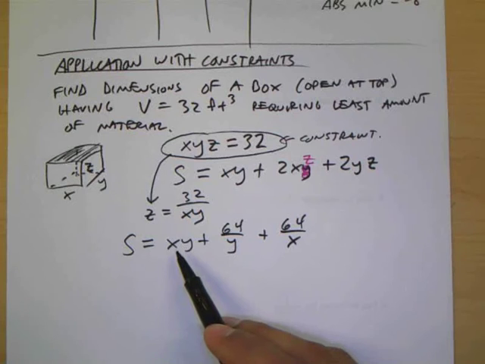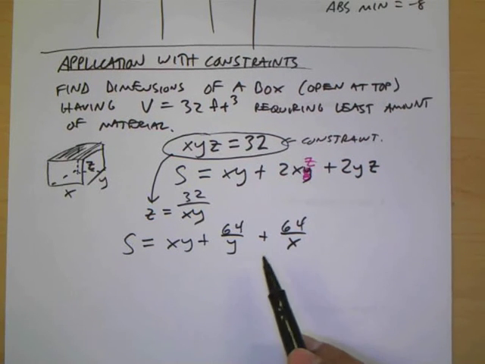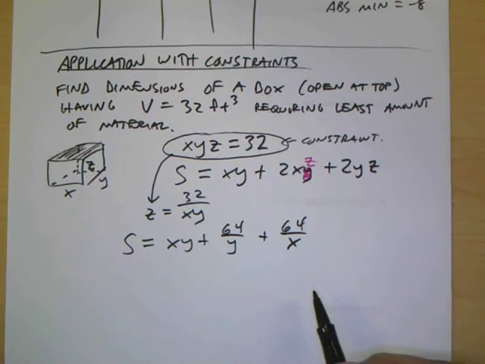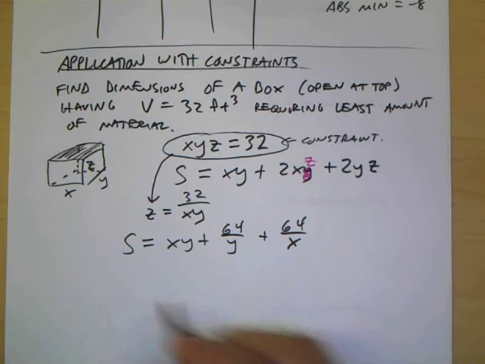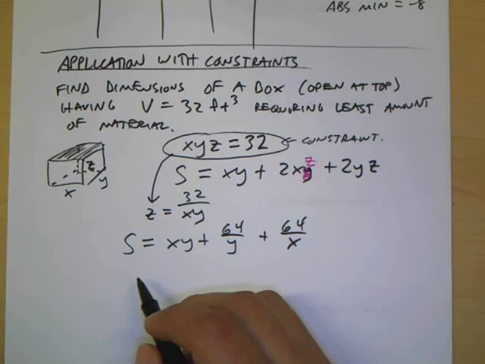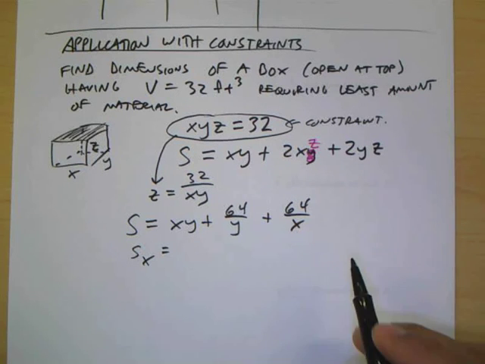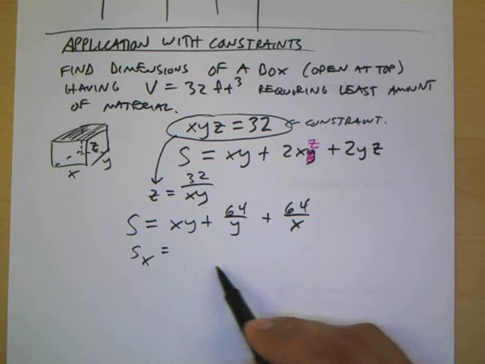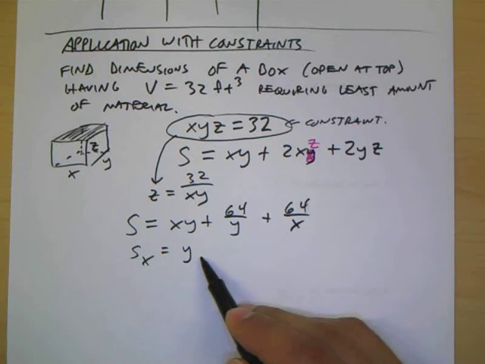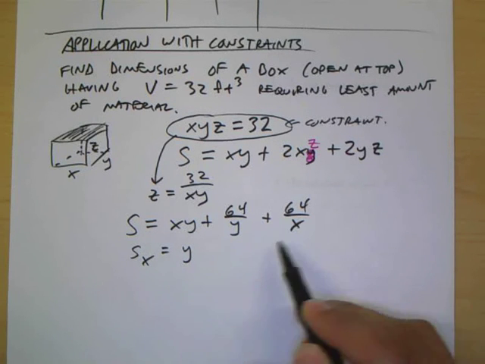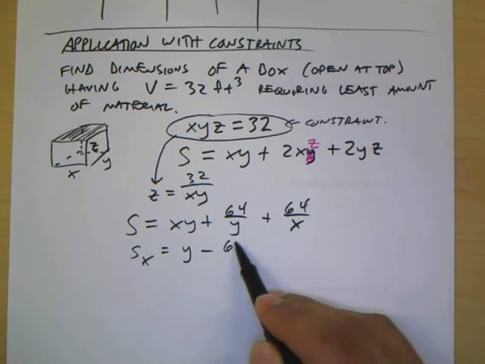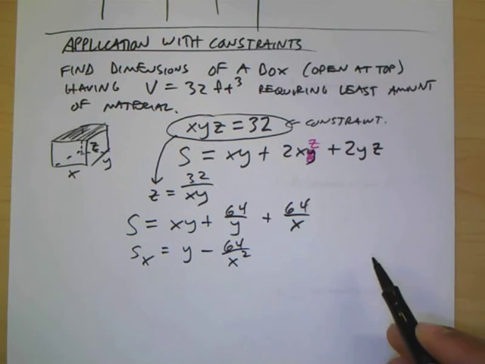So that'll be 64 over y plus 64 over x. And now we have a function in two variables that we are very good at this point in finding minimums and maximums. So what do we do first? Partials. So partial x will be y minus 64 over x squared.